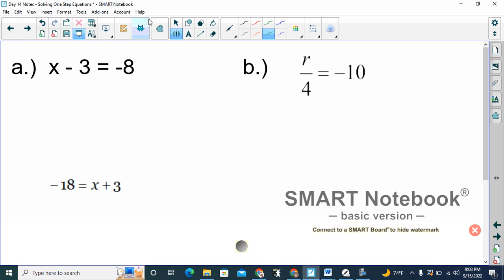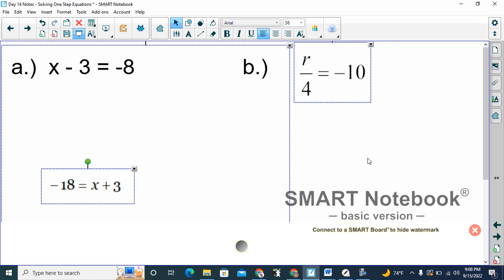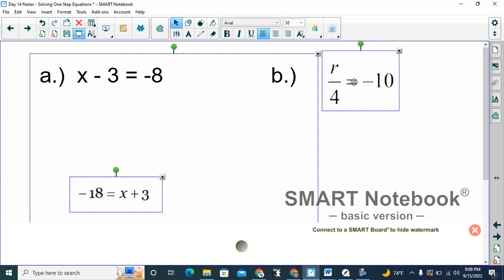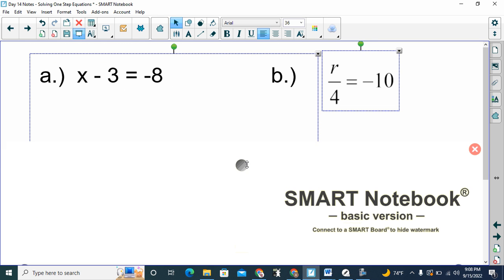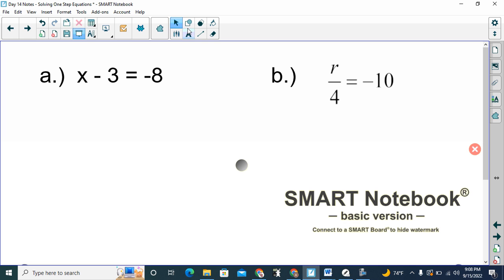Example 3, again, asks us to solve. Part A says x minus 3 equals negative 8.